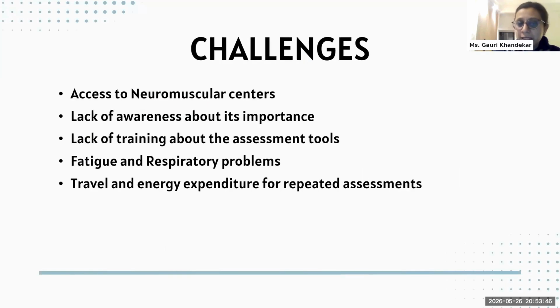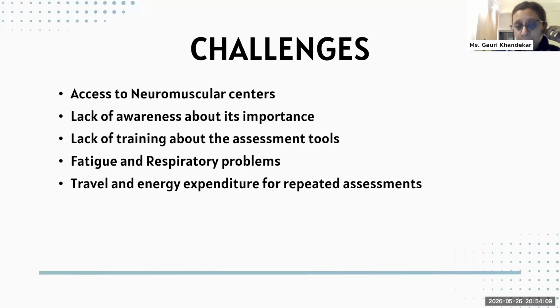So what are the challenges? These are a few challenges we have mentioned. Accessibility to neuromuscular centers is low. There's a lack of awareness about how important it is. There's also a lack of training, because all the assessment scales are valid and standardized, so we have to undergo training on how to use them and make minimal mistakes.